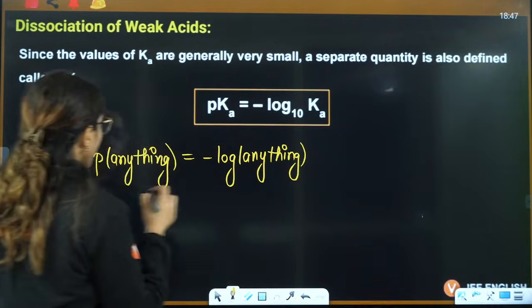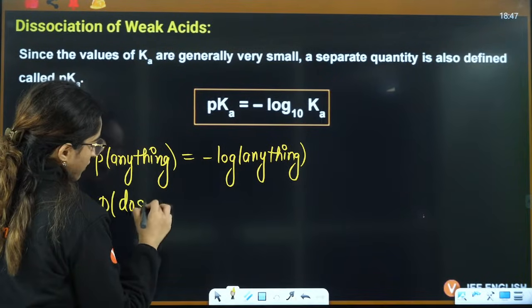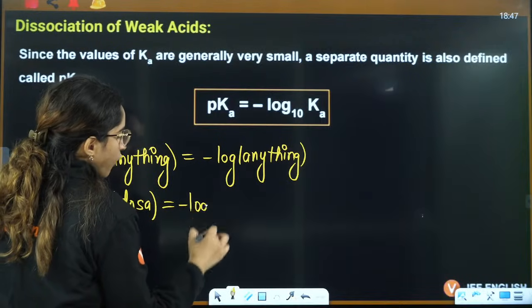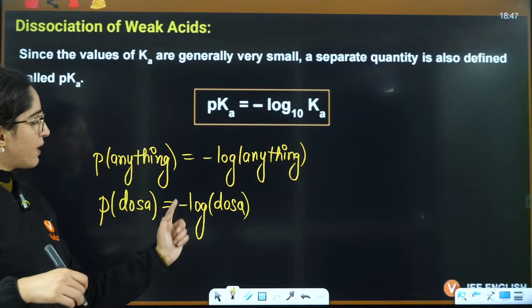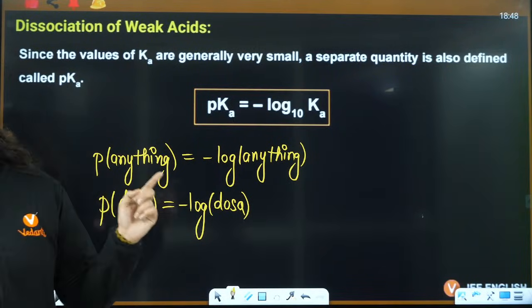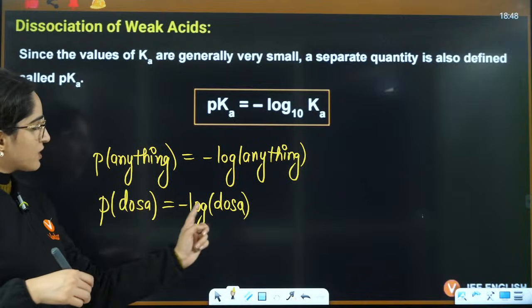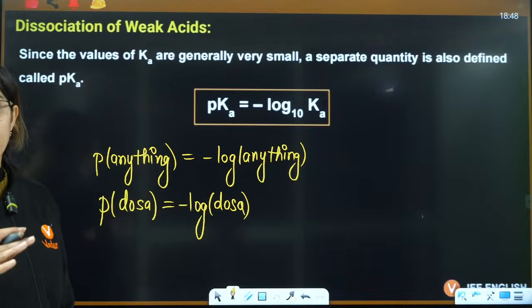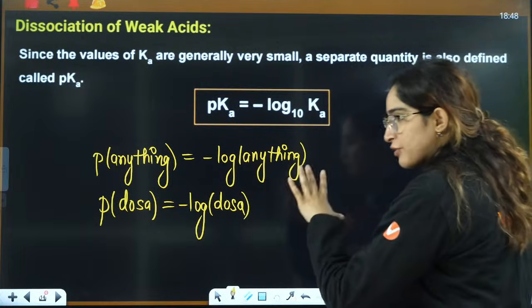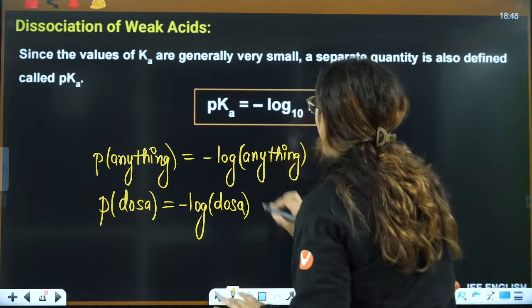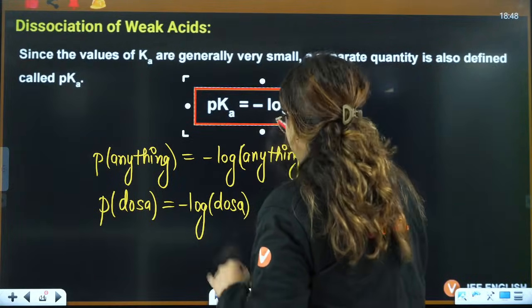So here if I am putting pKa, that is equal to minus log base 10 of Ka, right? This is also another formula that is quite important, right?